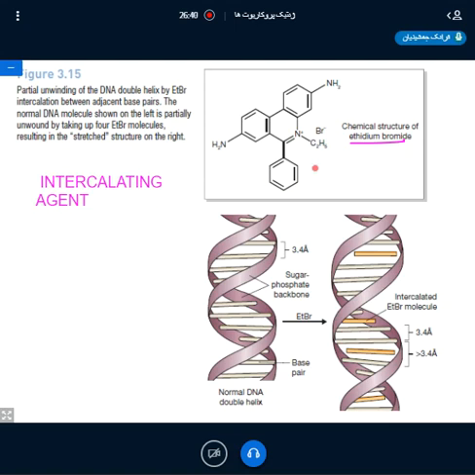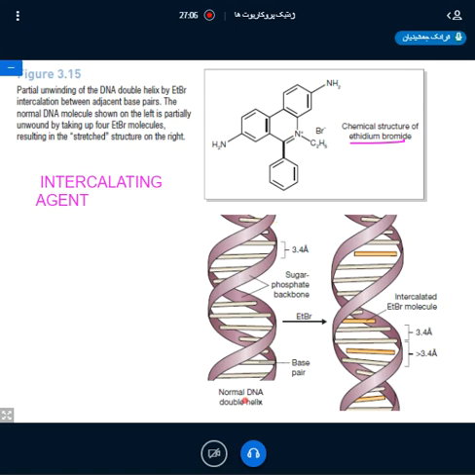It means ethidium bromide goes between the bases of the DNA, and after we shine UV light on it, we can see the bands.